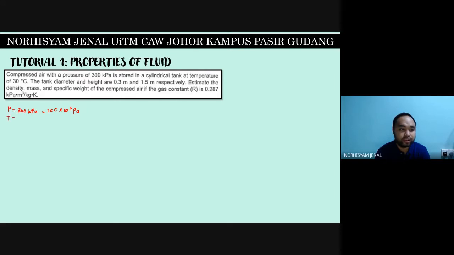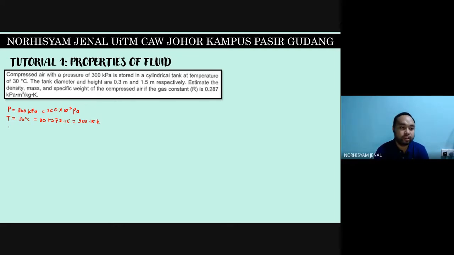So temperature is 30 degrees Celsius, which equals 30 plus 273.15, which equals 303.15. Okay, and the tank diameter and height are 0.3 meter and 1.5 meter respectively.